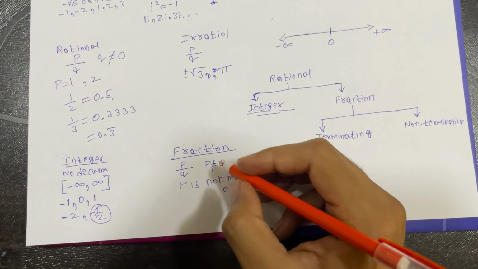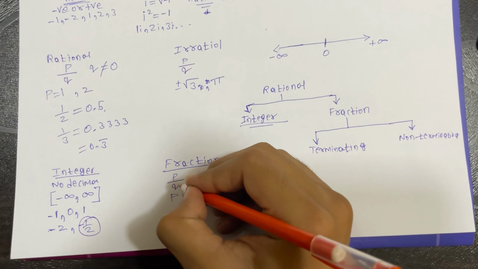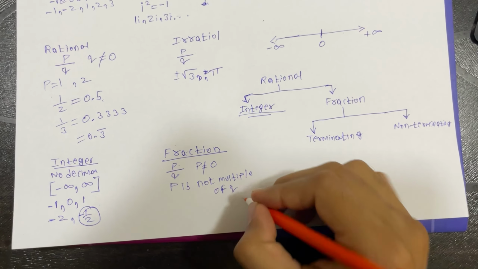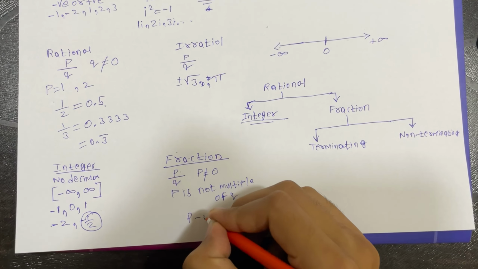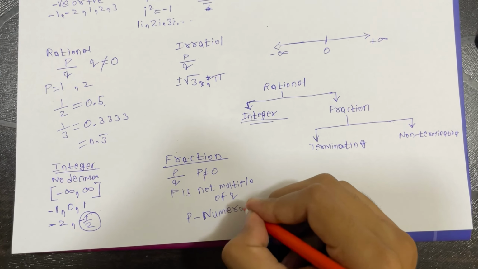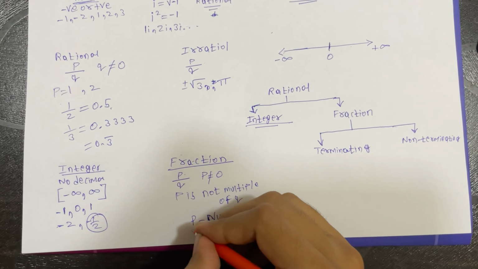So p by q in this form is called a fraction, where we call p the numerator and q the denominator.